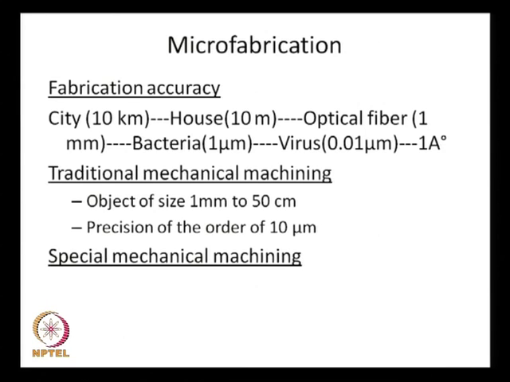If you go to a workshop, and if you go to a lathe machine, if you measure the objects that they are working with, these are the typical objects, and precision of the order of 10 micrometer. It depends on what type of machine you have, but if you go by the route of mechanical machining, typically that is the best precision that you can have.